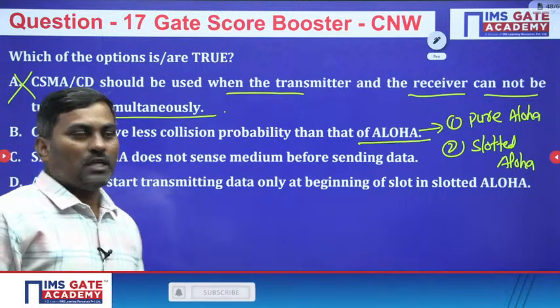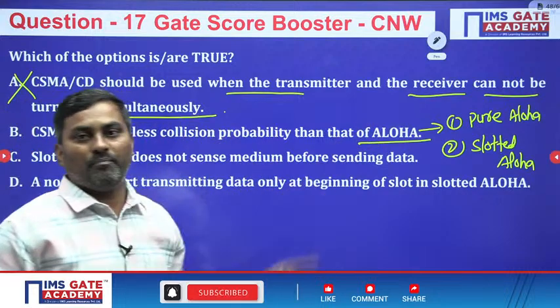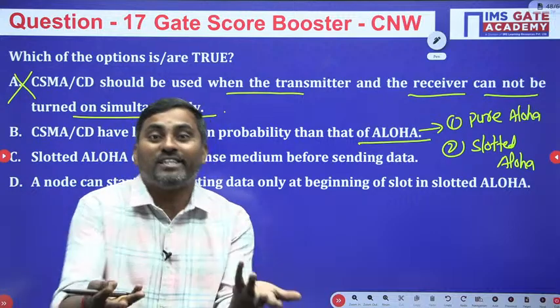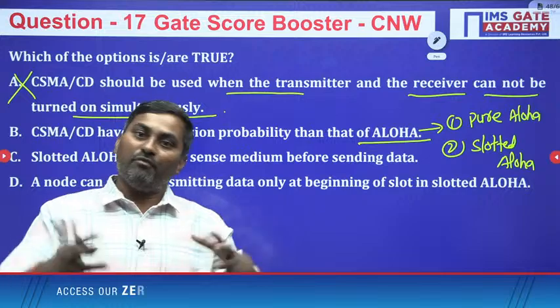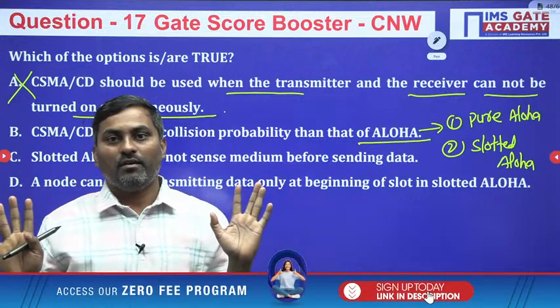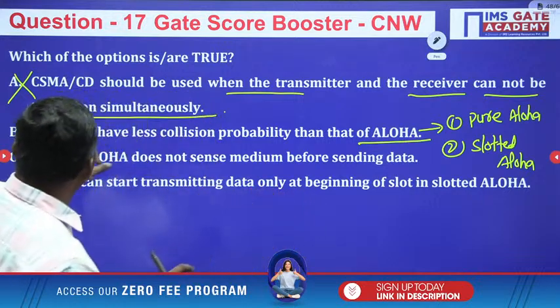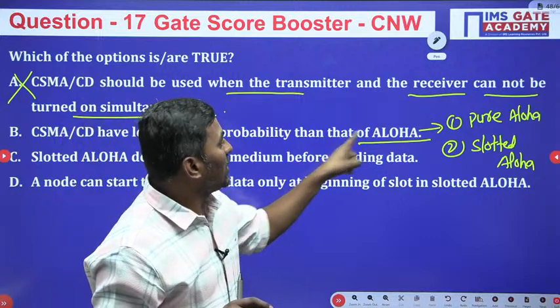So what is the answer? CSMA/CD has less collision probability than Aloha. In case of Aloha, there is no point of collision detection, correct or not? Every time collision can happen, right? Every time people try, collision can occur or not? So CSMA/CD has less collision probability than that of Aloha.